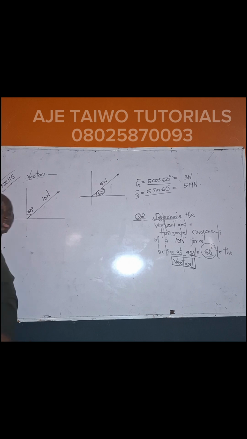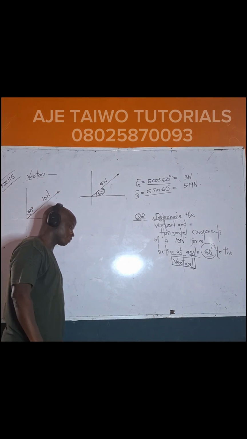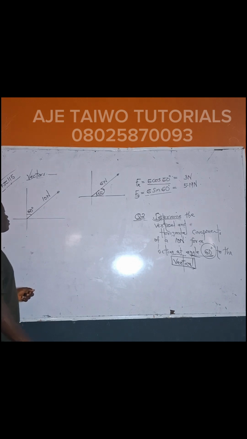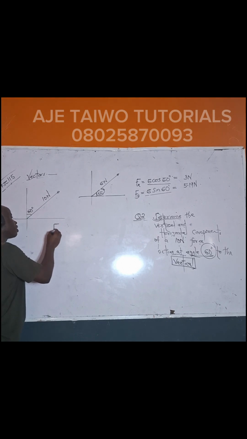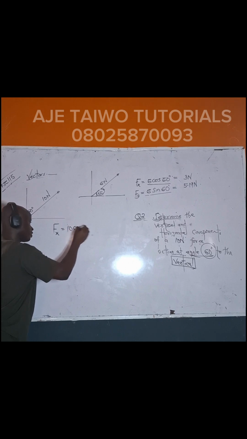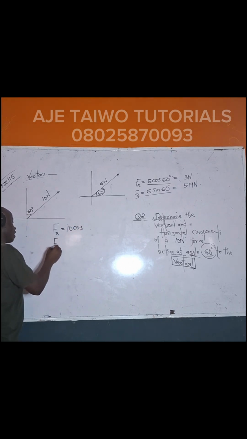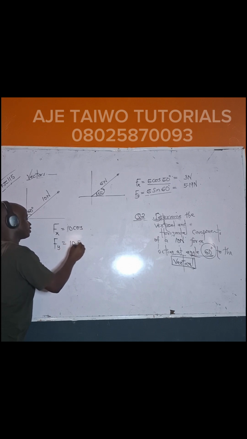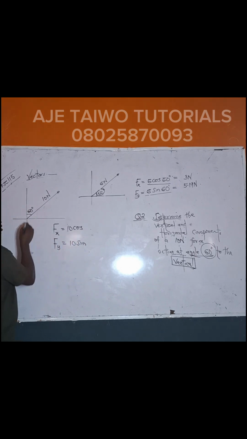Look up, class. The force makes angle 60 with the what? Vertical. Now, my X component is that force cos, my Y component is that force sine, but I will not use angle to vertical.